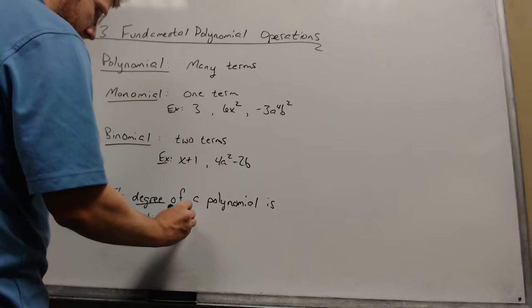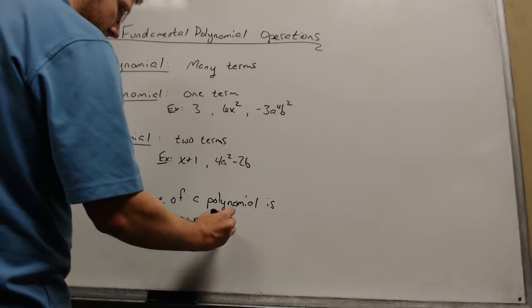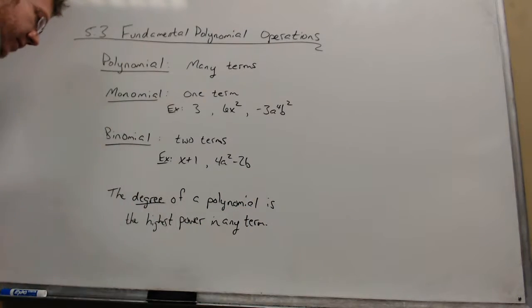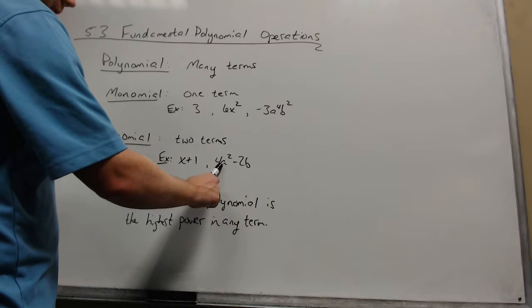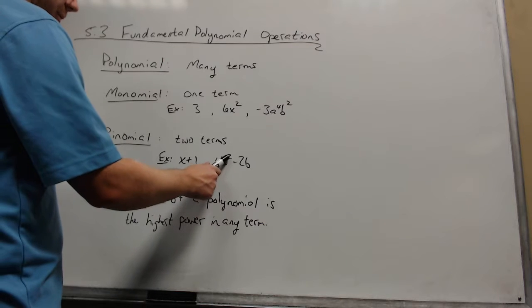The highest power in any term. So for example, if I was looking at this binomial here, the first term has a power of 2, the second term has a power of 1, so the degree of this polynomial would be 2.